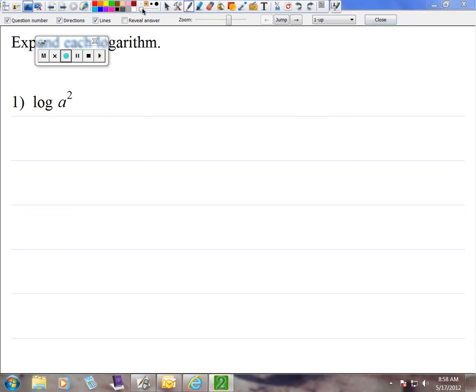The first one is when you have log of a to the b. Now let's change that. I don't like that letter. Just don't use b. X. This is one that has an exponent.